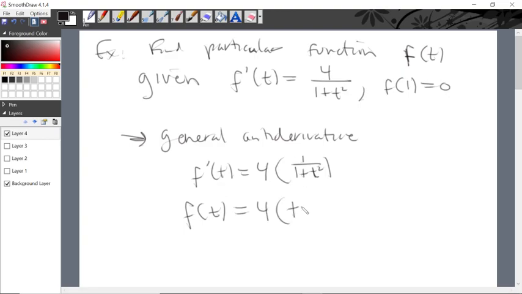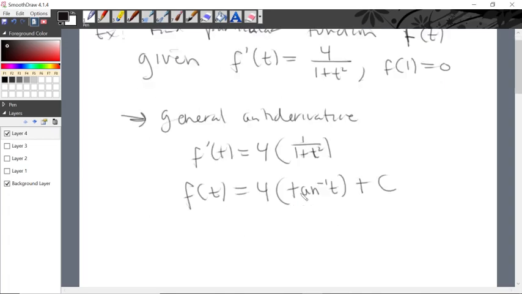And the antiderivative of 1 over 1 plus t squared is the arctangent of t. And to get a general antiderivative here, we need to add the arbitrary constant c. Now we can use the given condition in order to find the particular solution.